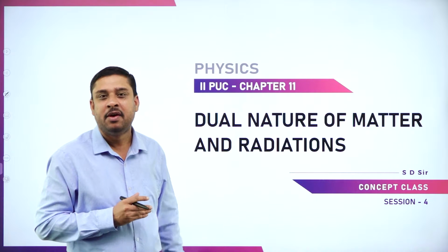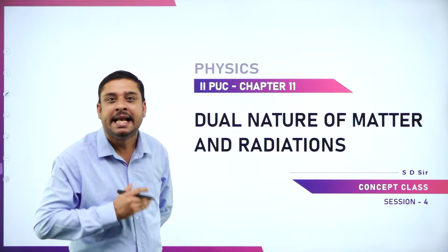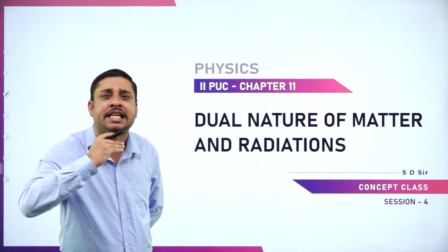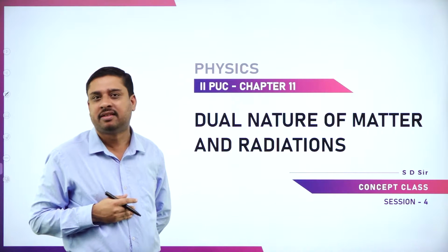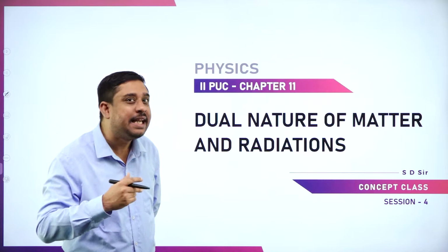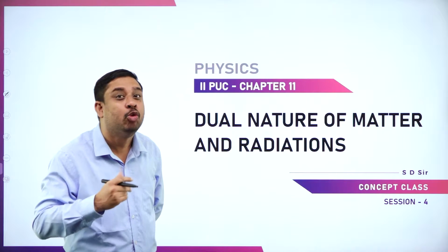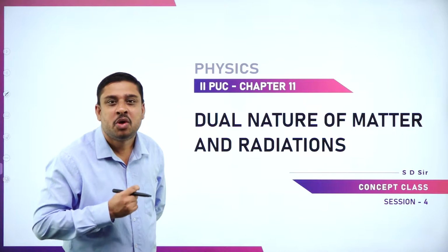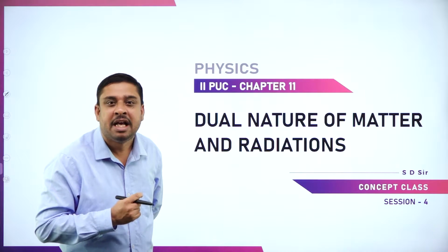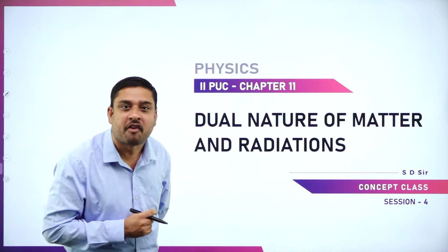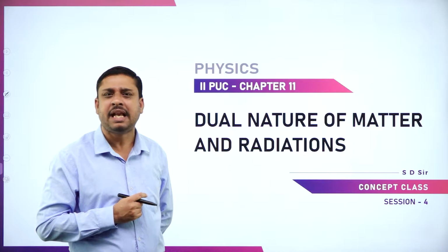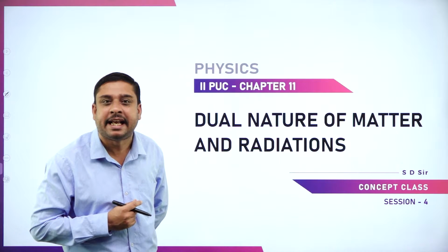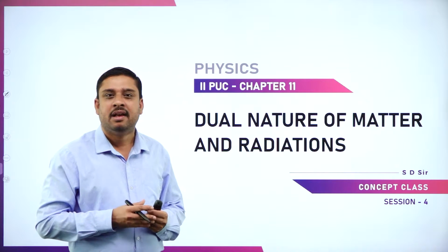Elastic, where the photon transfers all its energy to the electron. And how did the electron make use of that energy? First, to overcome the work function of the metal, and second, to increase the kinetic energy.